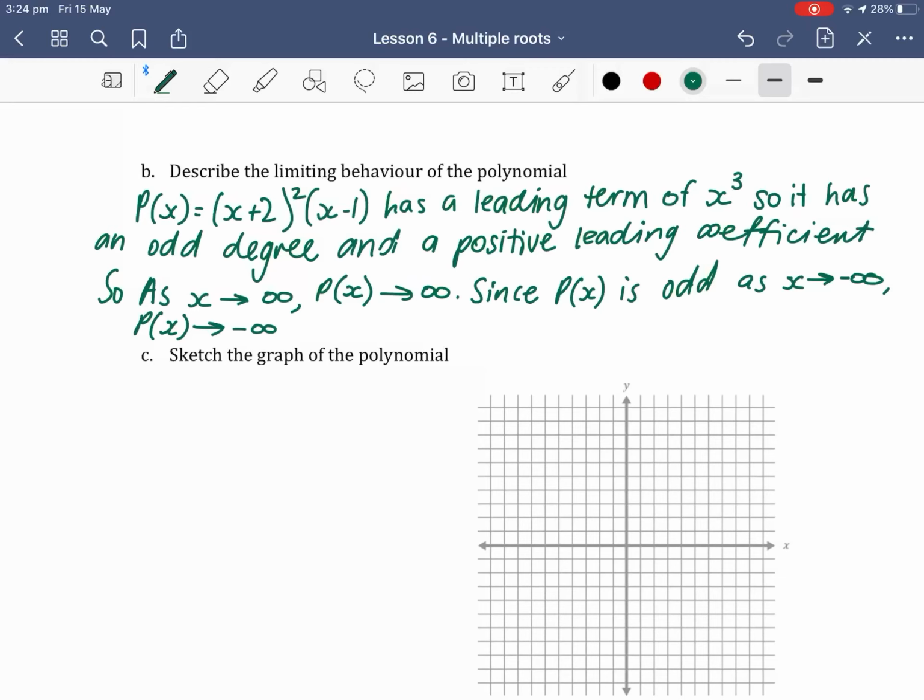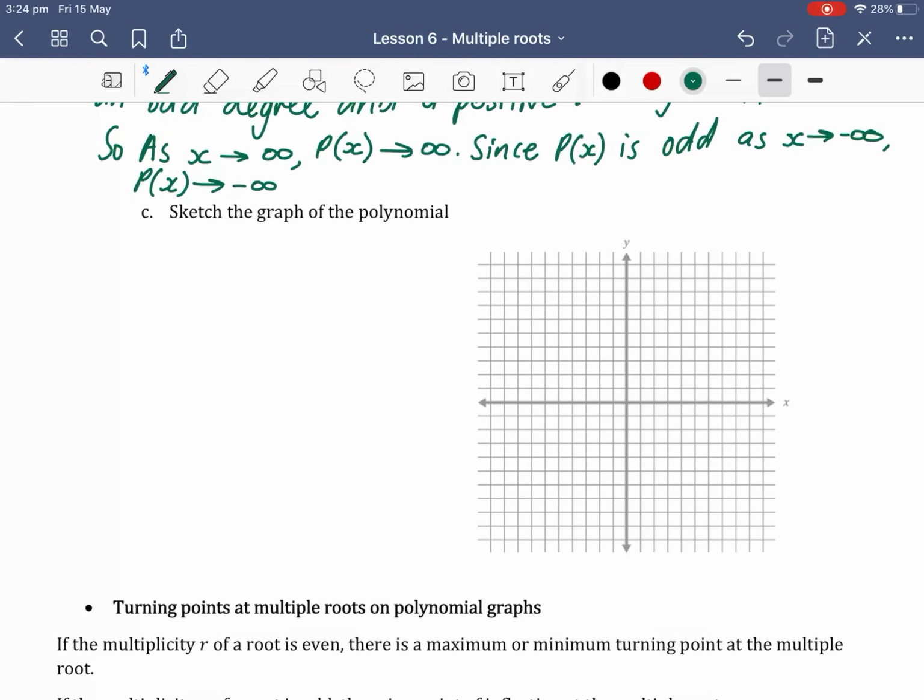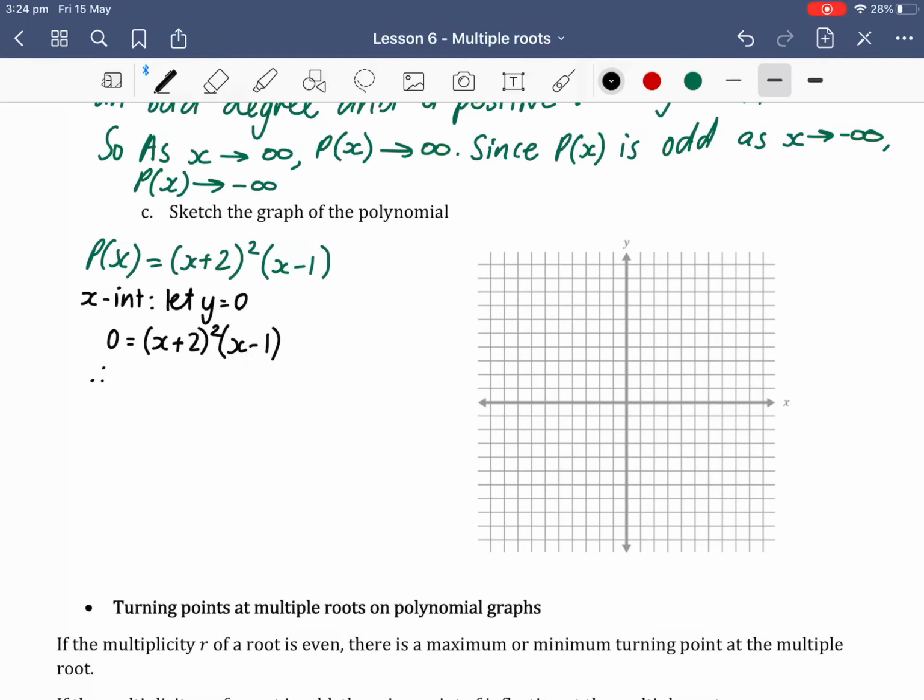If we were to sketch this, for our polynomial P(x) equals (x + 2) all squared times (x - 1), we find our x-intercepts by letting y equal 0. So 0 equals (x + 2) all squared times (x - 1), therefore the x-intercepts will be at negative 2 and 1. Then we have a y-intercept.